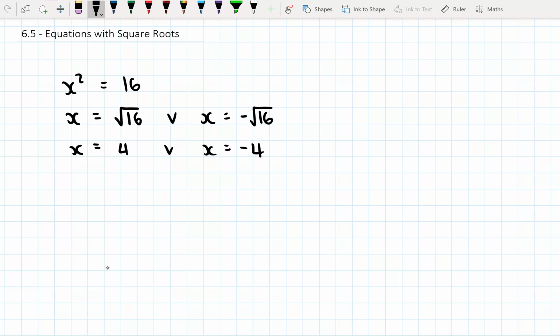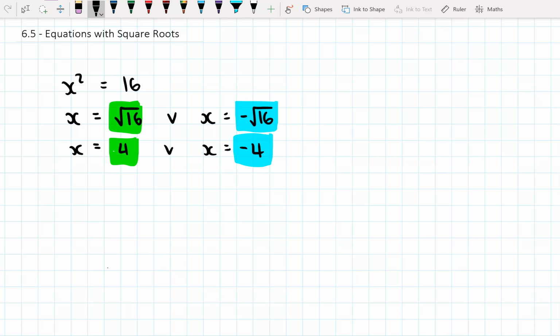Now, what's really important here is that we have here a positive square root, and that gives us a positive answer. And we have on the other side here a negative square root, giving us a negative answer.